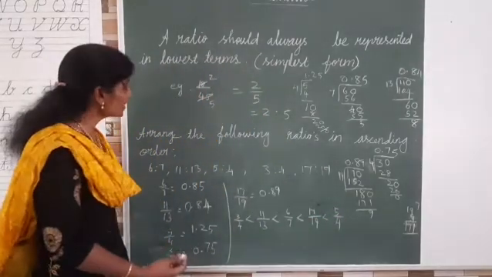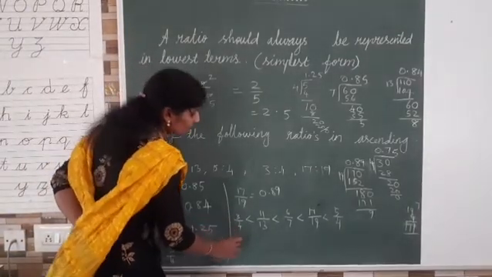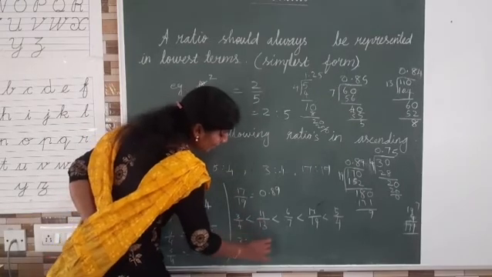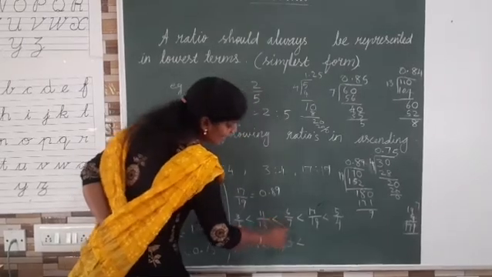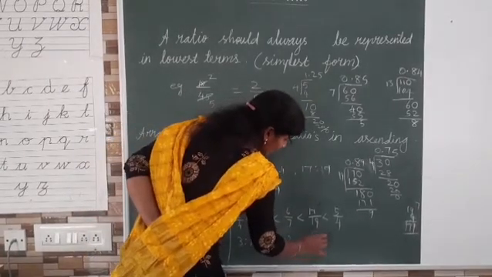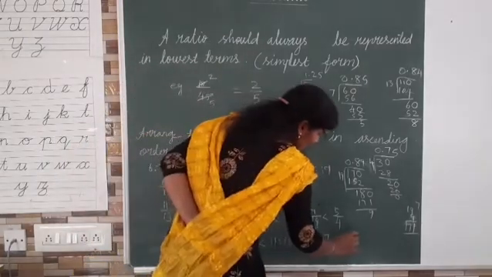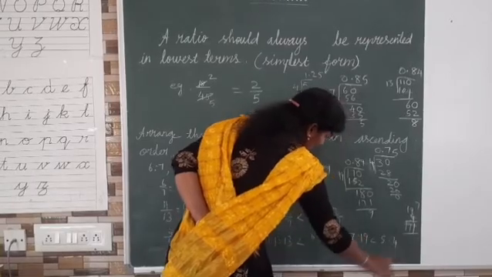Now we can use ratio form. 3 by 4 means 3 is to 4. 3 is to 4 less than 11 by 13. 11 is to 13 less than 6 is to 7. 6 is to 7 less than 17 is to 19 less than 5 is to 4.